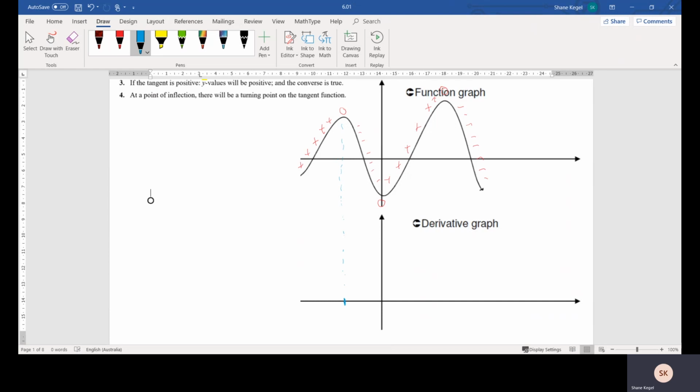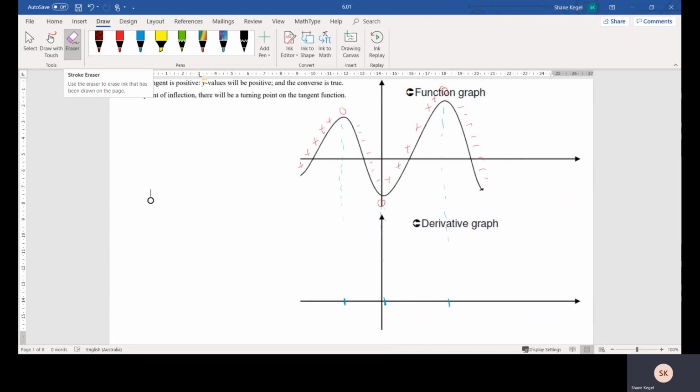So it's going to cut the x-axis at 0. Same thing for this 0, which is quite close there, somewhere about here. And my last 0, if I bring it straight down, this is where it will cut my derivative graph. So that gives me some valuable information that tells me where the gradient will be 0 on my graph.